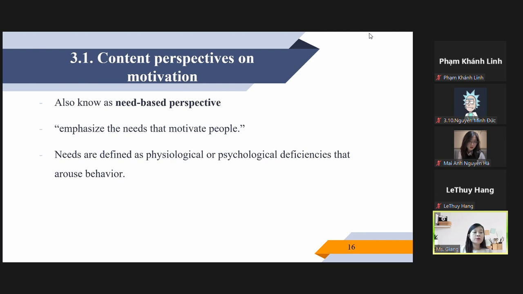And this perspective emphasizes the needs that motivate people. So the first thing, we should understand the definition of need. What is need? Need is defined as the psychological or physiological deficiencies that arouse behavior.